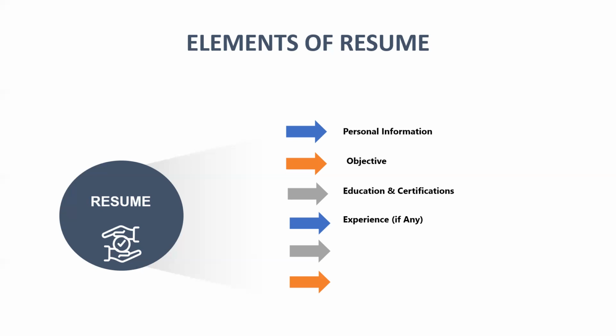Similarly, if you are an experienced one, you have to provide the work-related points here. You can even add volunteer work also. Sometimes the volunteer work that you have done might be helpful for the specific job. While giving out the experience, clearly you have to identify these things.